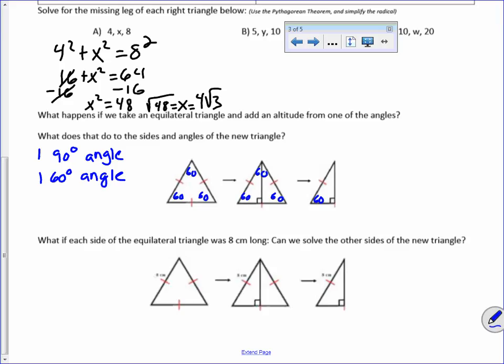And because the altitude is cutting in half evenly, okay, because it's starting from the vertex, it's an altitude, 90 degree, and it's an equilateral triangle, so you know it's cutting it in half evenly. The angle at the top gets cut in half. So instead of having a 60-degree angle, we have a 30-degree angle. So we also have one 30-degree angle.